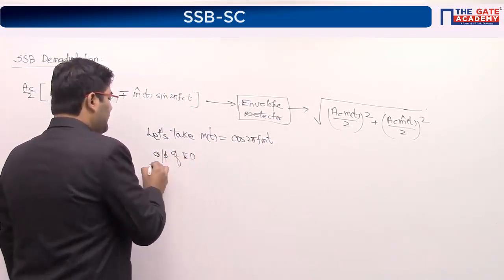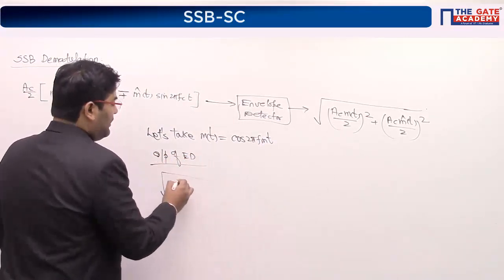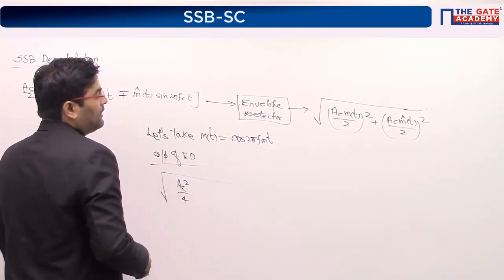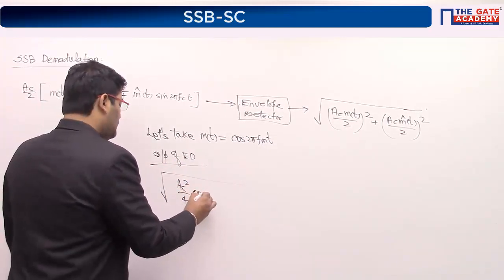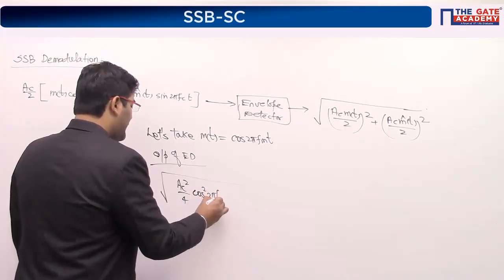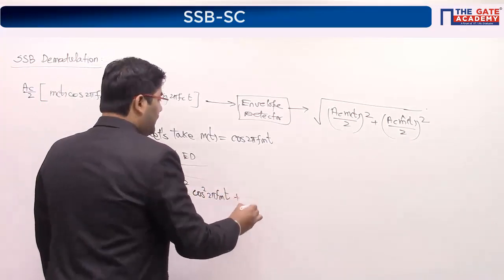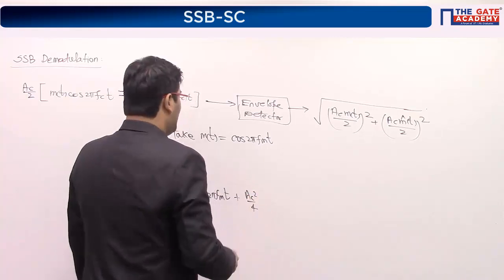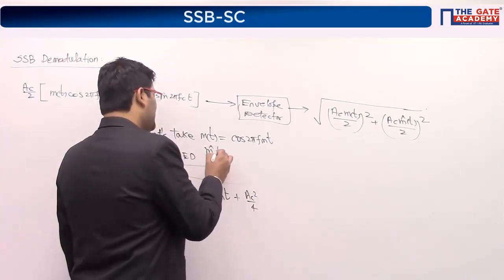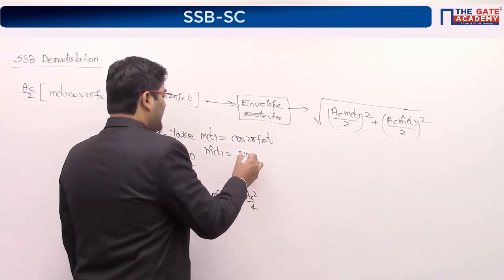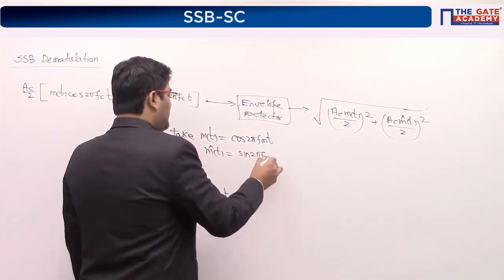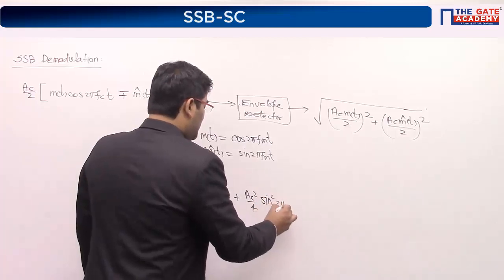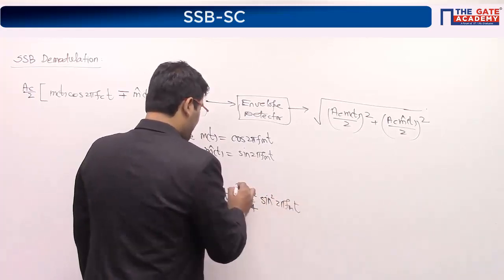Output of ED will be root under Ac square by 4, m(t) is cos, so cos square 2 pi fm t, plus Ac square by 4, and what is m hat(t), guys? Cos's m hat(t) is sin 2 pi fm t, so you get sin square 2 pi fm t.